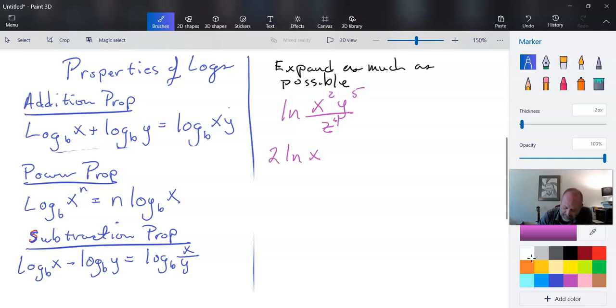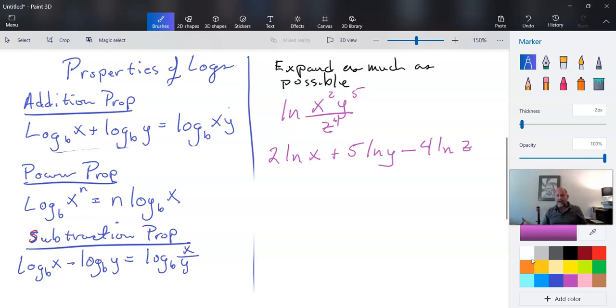So I'm writing the exponent as a coefficient and taking the natural log of that factor. Then the next one is going to be plus 5 times the natural log of y. And then in the denominator, remember, this would be z to the negative 4th, right? So it has minus 4 as a coefficient. It's in the denominator, so it's minus 4 times the natural log of z.